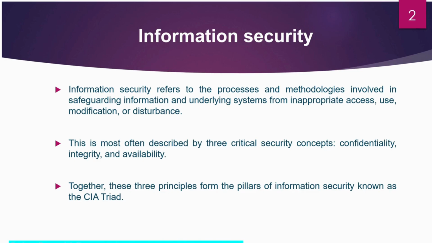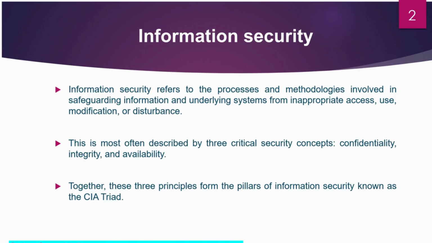This is most often described by three critical security concepts: confidentiality, integrity, and availability. Together, these three pillars form the principles of information security known as the CIA Triad. So this is the definition.